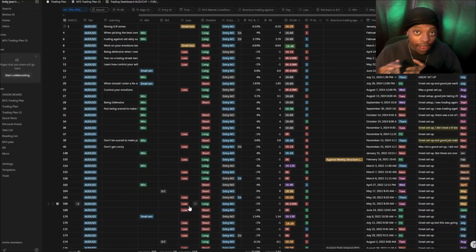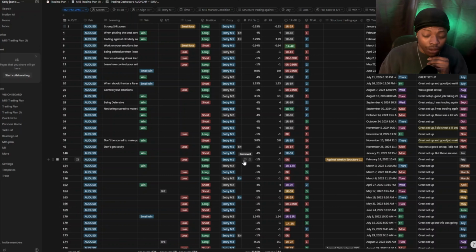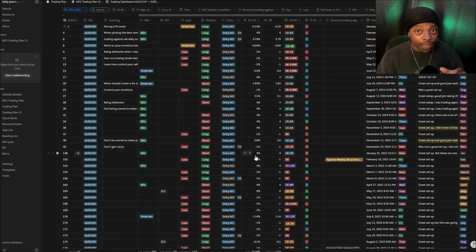Now I asked ChatGPT, what is the likelihood of having a 40% win rate or a 50% win rate targeting a 1 to 4? And ChatGPT said it is very unlikely that somebody will have a 50% win rate, but it is possible. And with a 40% win rate targeting a 1 to 4, those are professional traders.